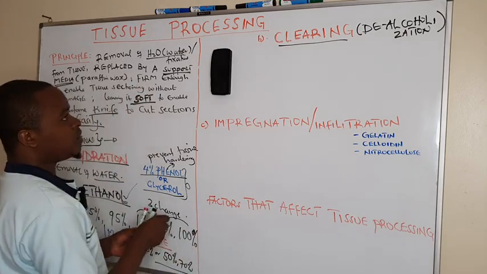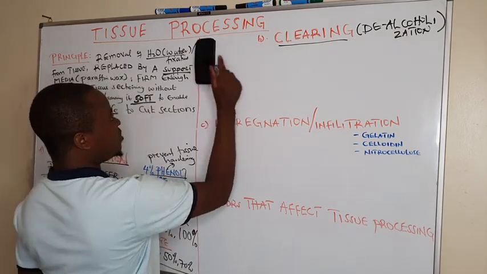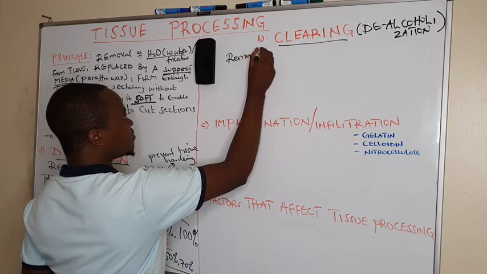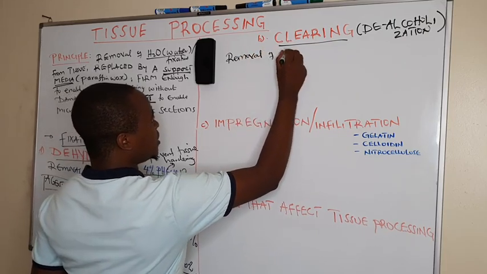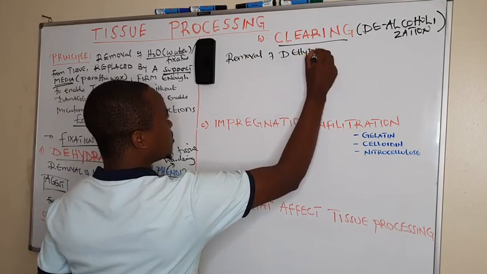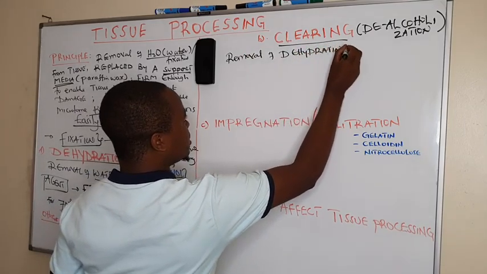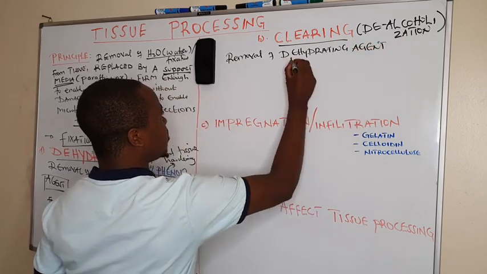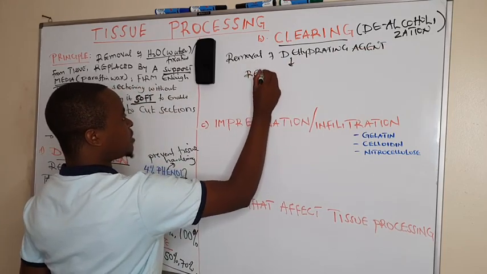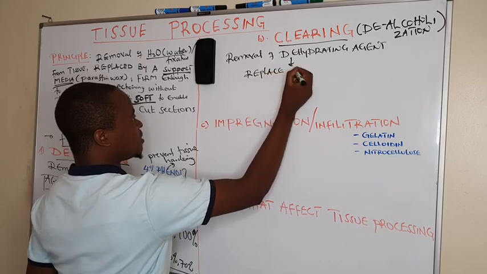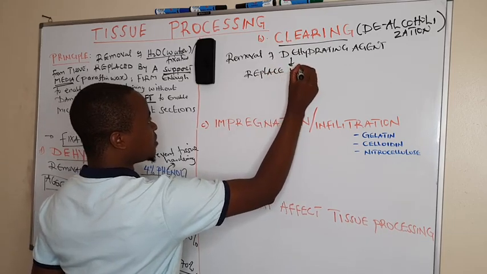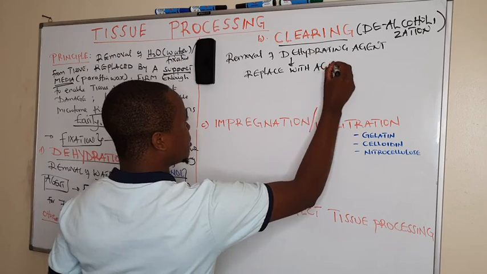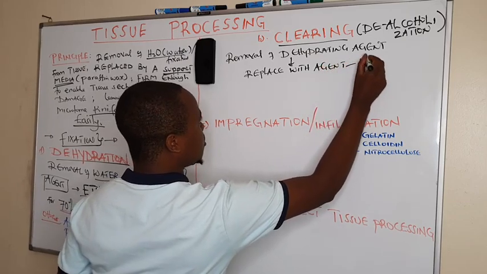So that's what we are talking about under clearing agent. Here we are removing the dehydrating agent, then we replace it with the clearing agent which is miscible.